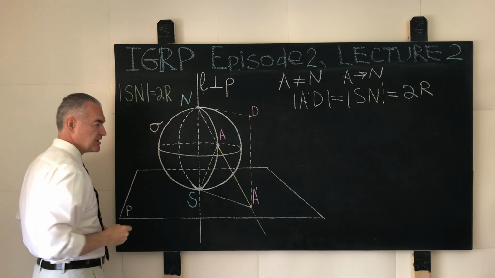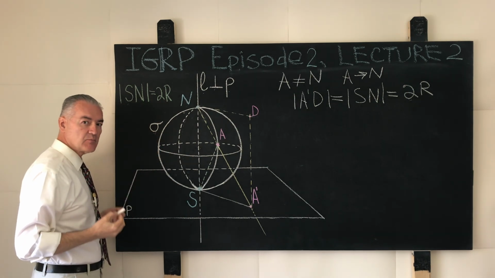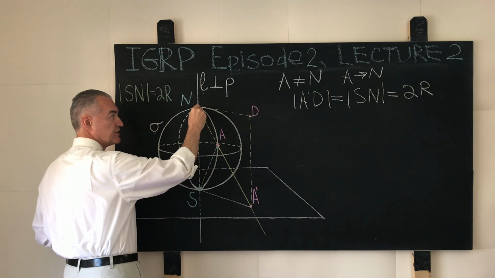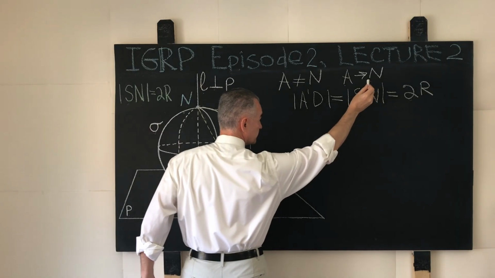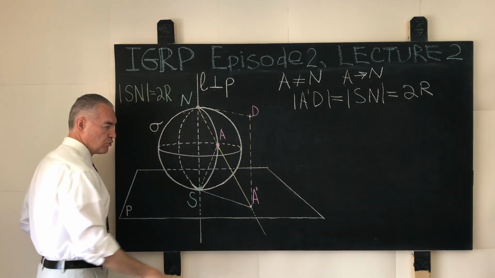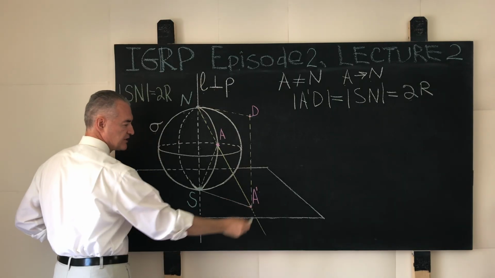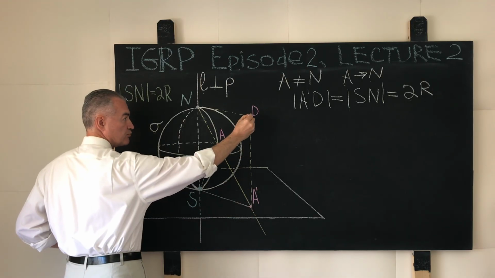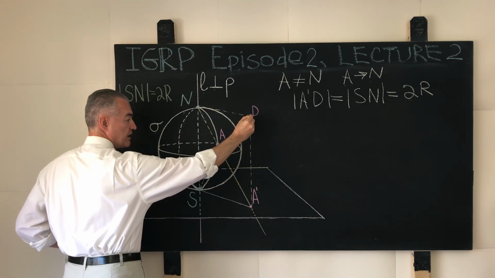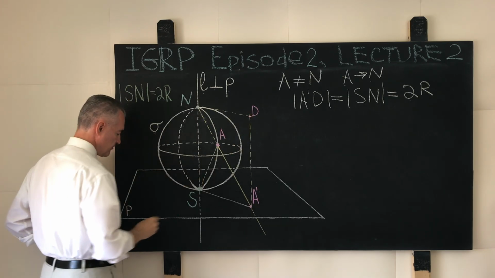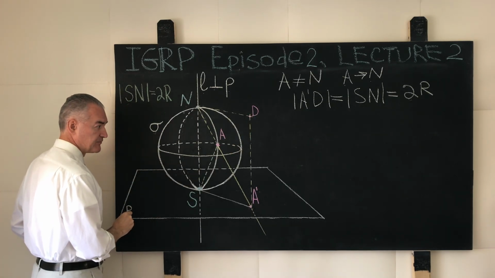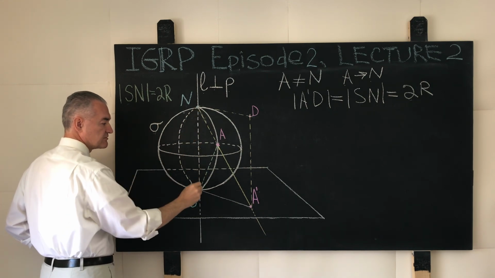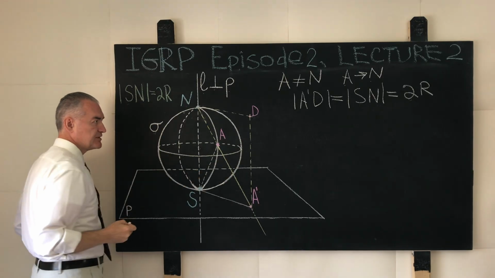As such, the only technically viable way to continuously roll the point A into the point N is to split the point A prime into two copies, keep one copy of A prime on the plane P, lift the second copy, D, up into the air, so to speak, and let that point hover above the plane P at a distance equal to the diameter, or twice the radius, of the Riemann sphere sigma.